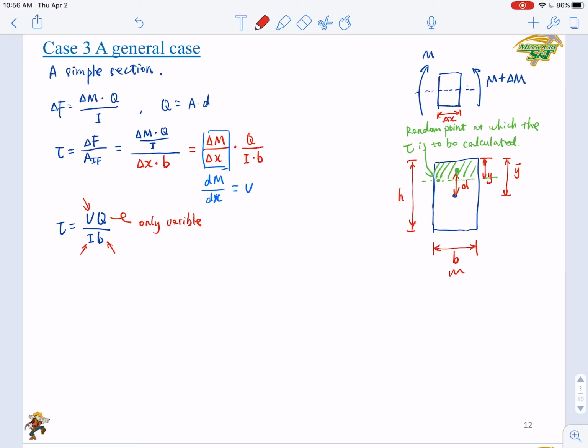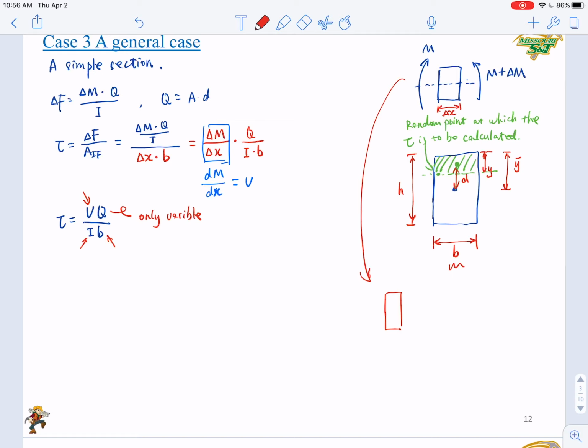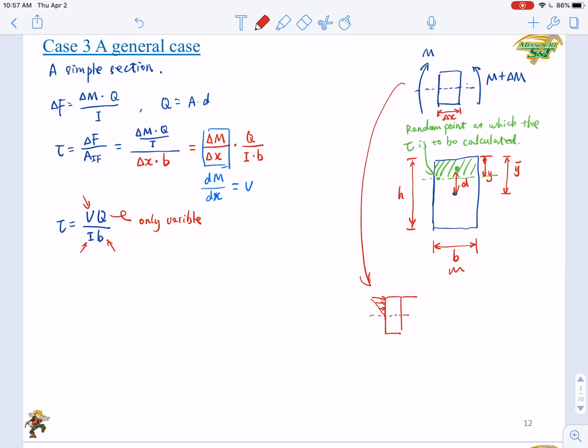Then if you look at this beam segment, if here is the neutral axis, above the neutral axis, the force will be in compression. And below it will be in tension. Right?